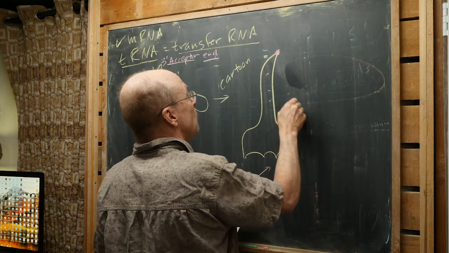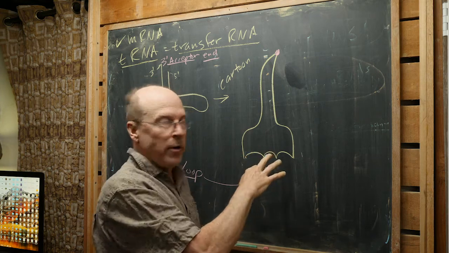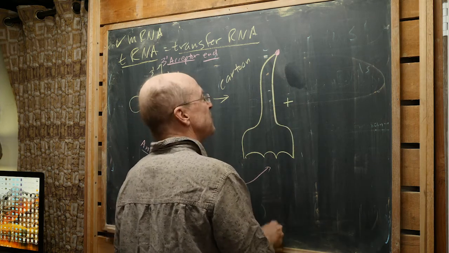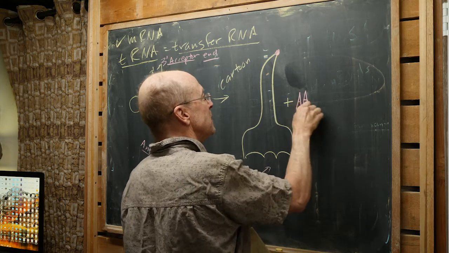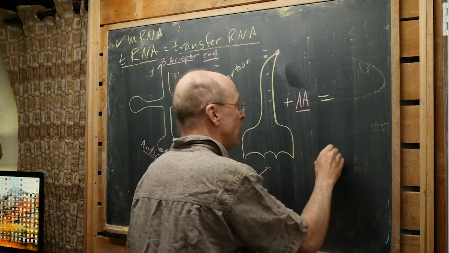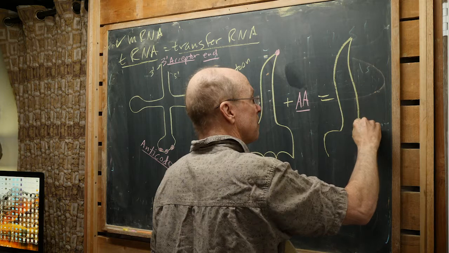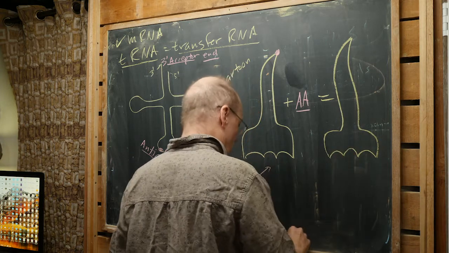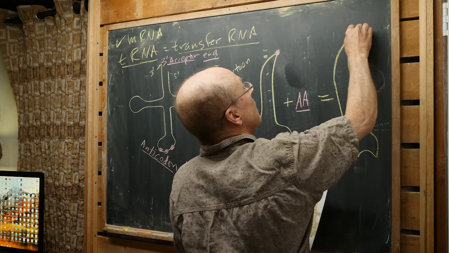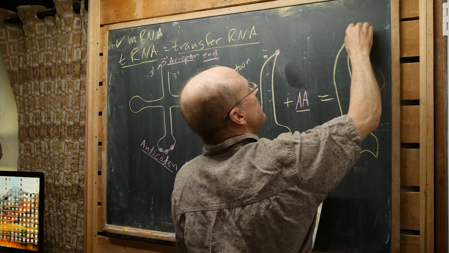And what we're going to do is take this cartoon of a transfer RNA, and we're going to say plus the specific amino acid for it, and that's a specific relationship, equals our next bit, and that bit is going to be, let's stick our amino acid here.